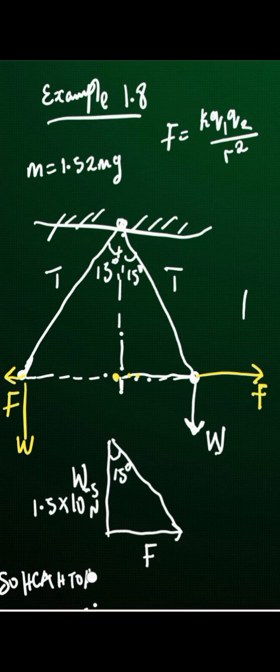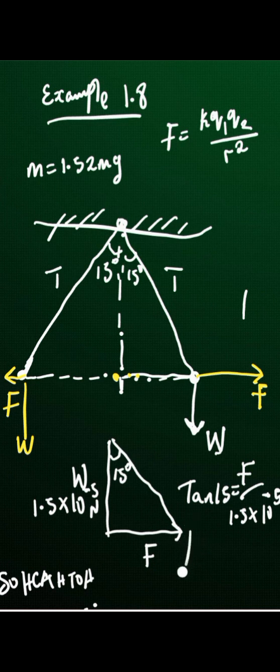So what is the relationship between the opposite and the adjacent? That is tan theta. So from here, tan theta is equal to opposite over adjacent, and our theta is 15. So tan 15 is equal to F over our adjacent, that is 1.5 times 10 raised to power minus 5. Make F the subject of the formula.